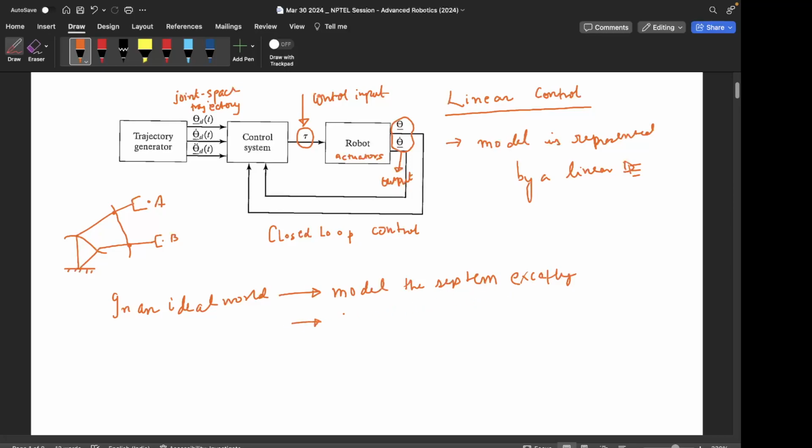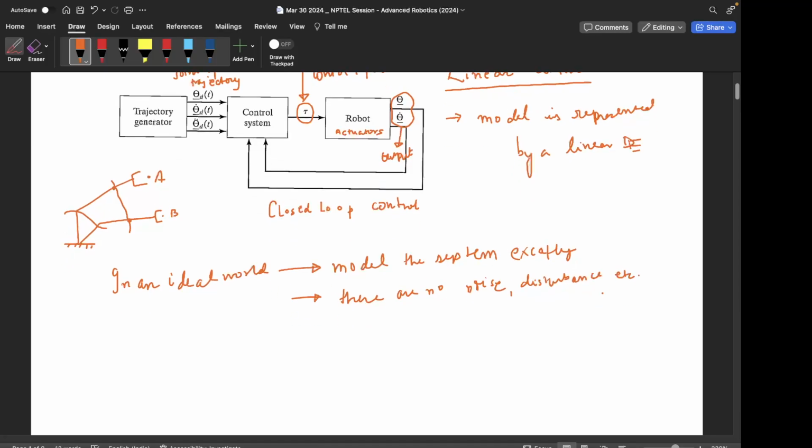So the model is accurate, exactly the way the system behaves, and there is no noise or disturbance, which is also never the case in the real world.